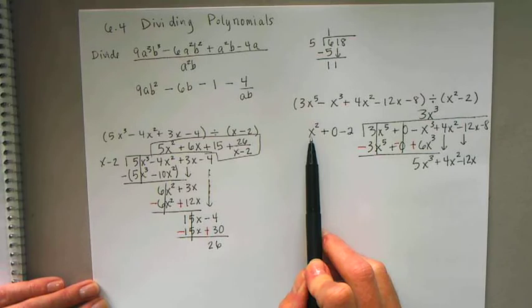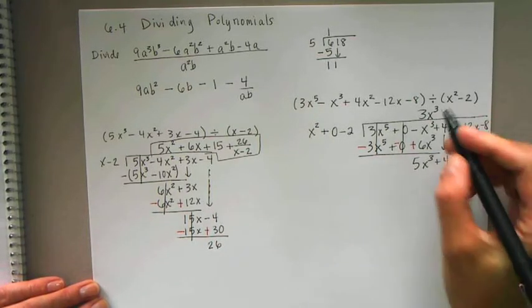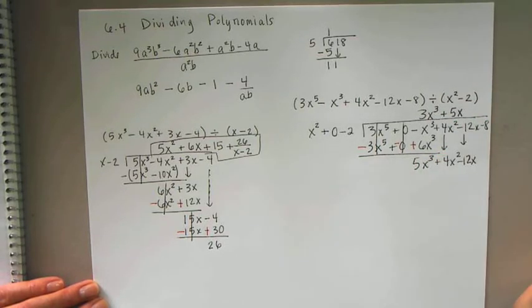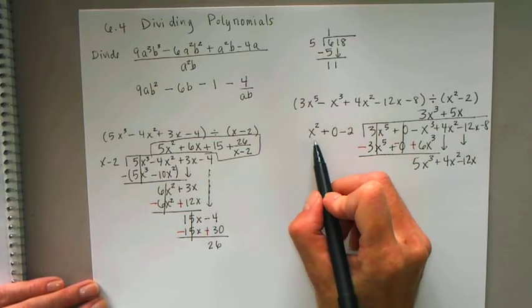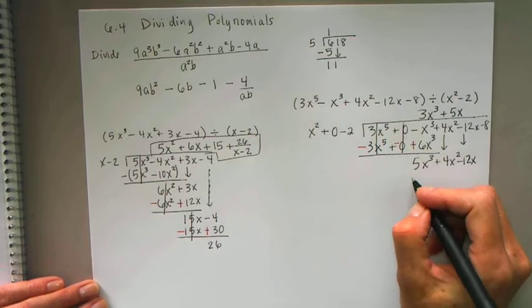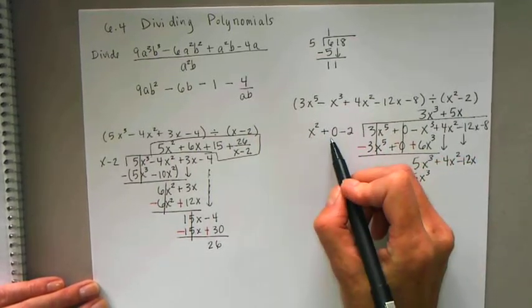Start again and go, what times x squared is 5x to the 3rd? And we know we need a positive 5, and we need one more x, don't we? So now I'm going to multiply this times all of this. So I get 5x times x squared is 5x to the 3rd. 5x times 0 is 0.